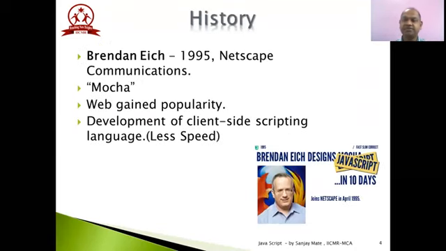History of JavaScript. JavaScript was developed by Brendan Eich in 1995 at Netscape Communications. So why was this particular language developed? In the early days, web pages were used for presenting static data.